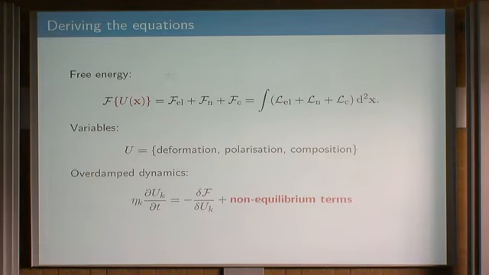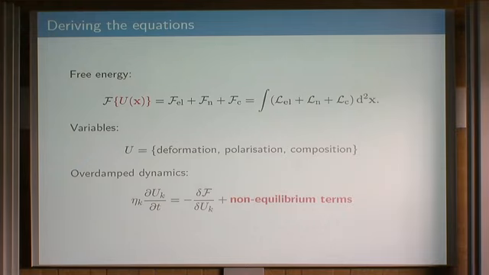So this is the basic mathematical approach to this. So we consider these systems as weakly departing from equilibrium. Well, they're not really weakly departing from equilibrium, but the mechanical and polarization part can be considered as such.